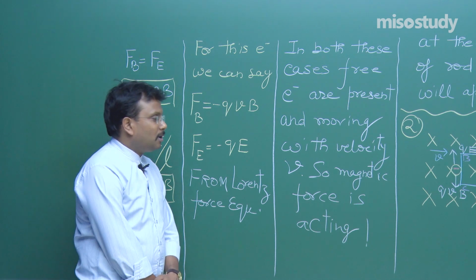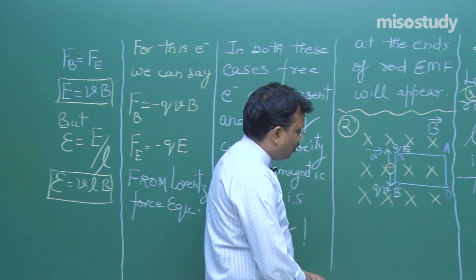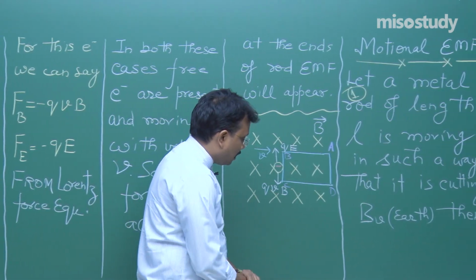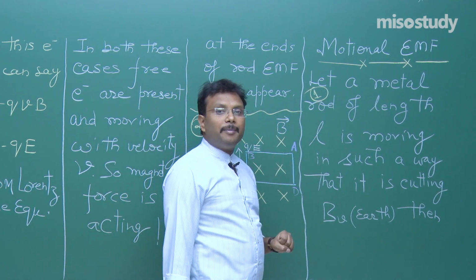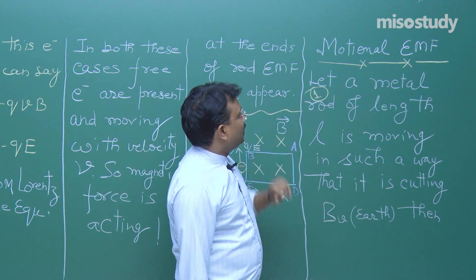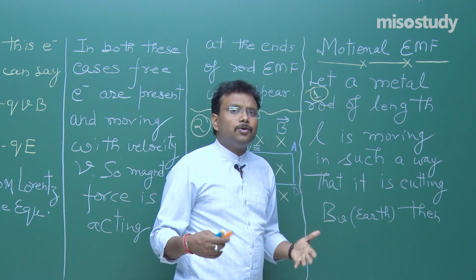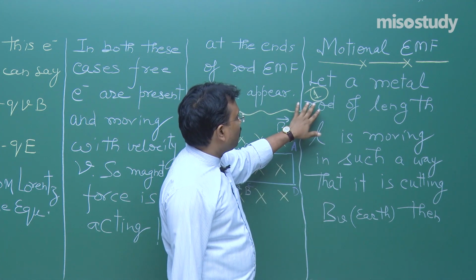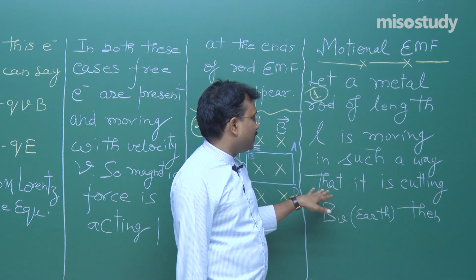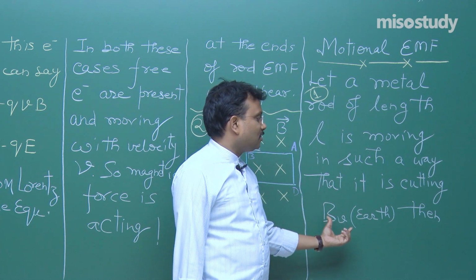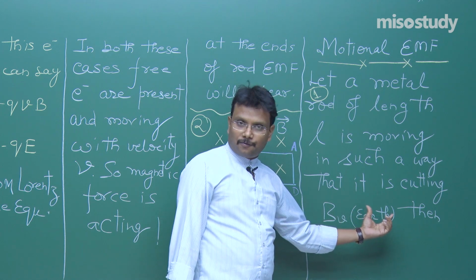So, now from the starting, let me summarize these points, fine. Then we have to move ahead for some other parameters, fine. So, we started this motional EMF, fine. I mentioned two cases so that it is going to be easier for you to understand. Case number 1 is, let a metal rod of length L be moving in such a way that it is cutting B_V, that is the vertical component of the Earth's magnetic field.